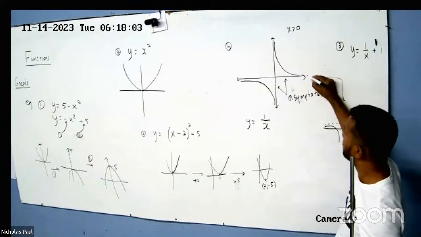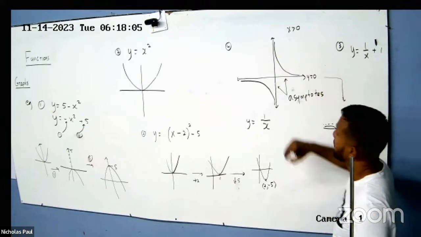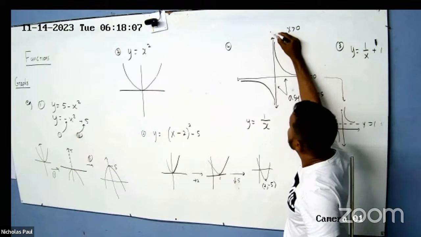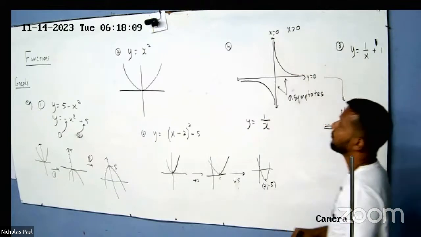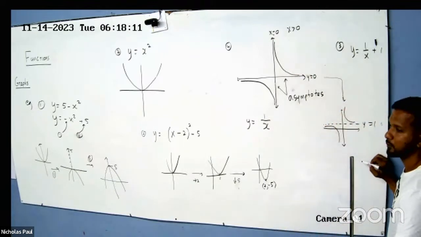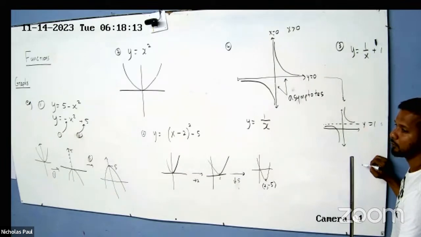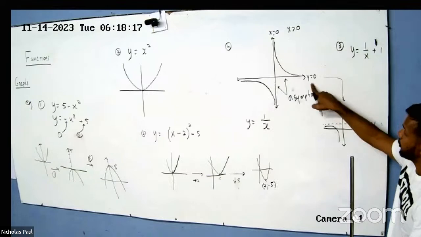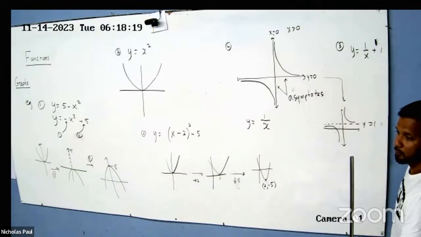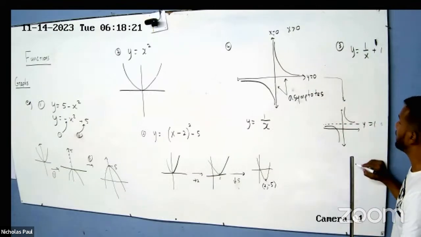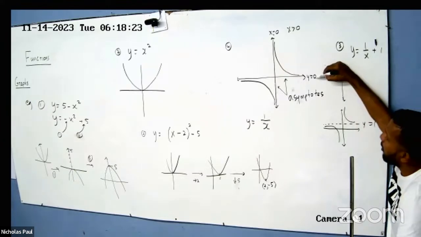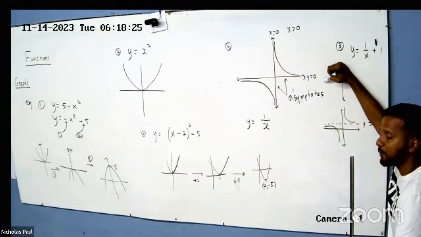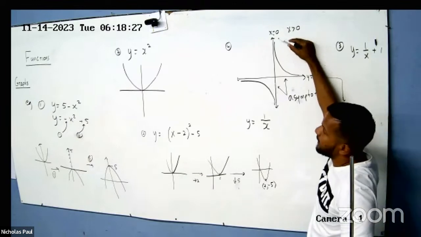Y is 0. That's the equation, y is 0. If you remember, a horizontal line is always y is equal to something, and a vertical line is always x equal to something.